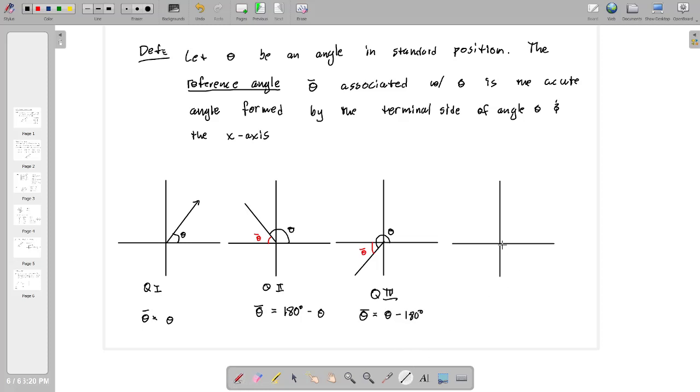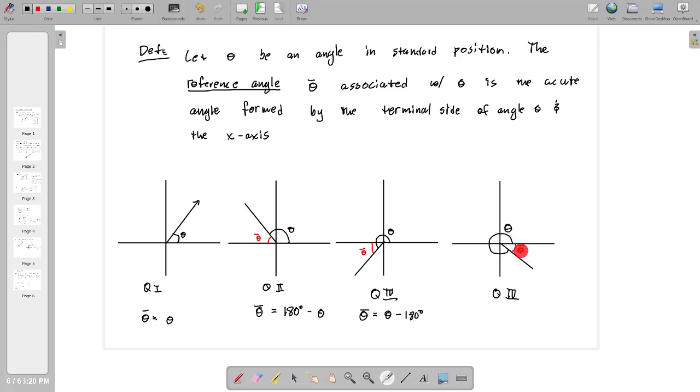Now in quadrant 4, same idea. This is angle theta. Now, theta bar is the acute angle formed from the terminal side of theta and the x-axis. So this is theta bar here. Now, an entire circle is 360 degrees.